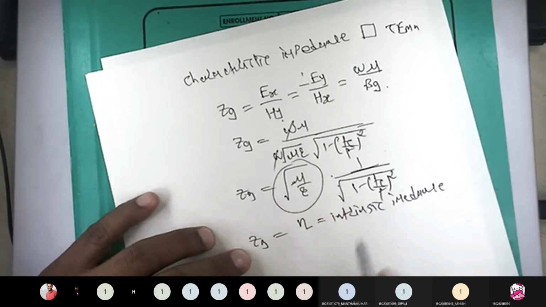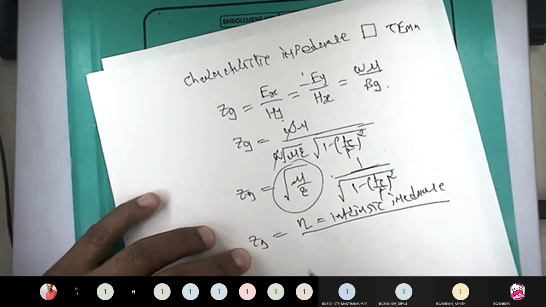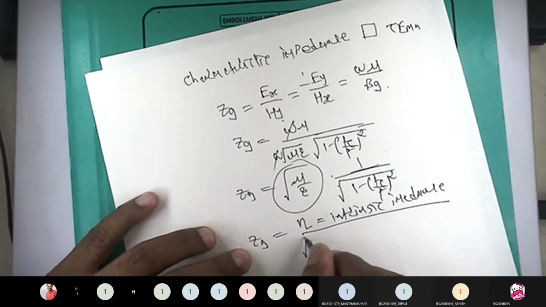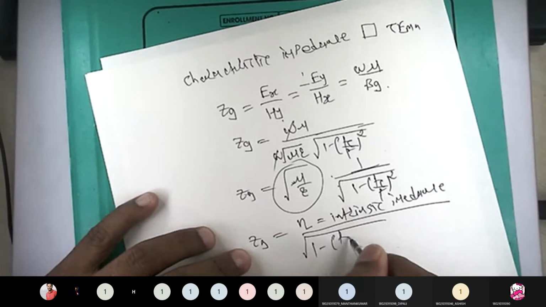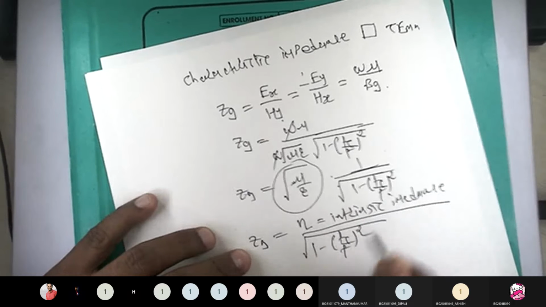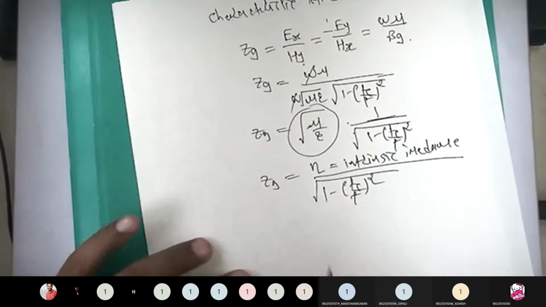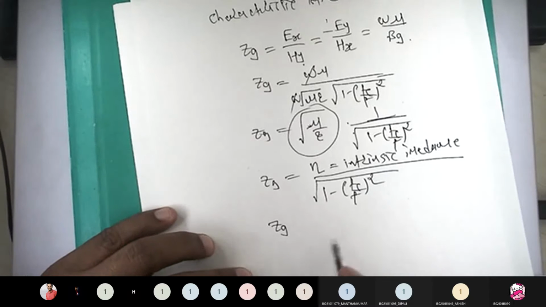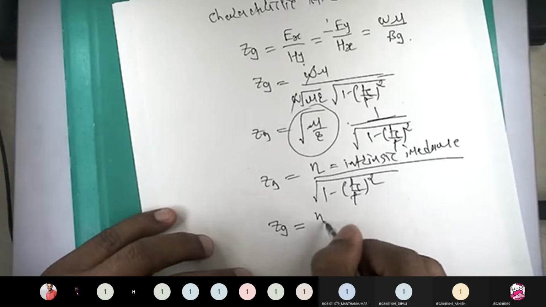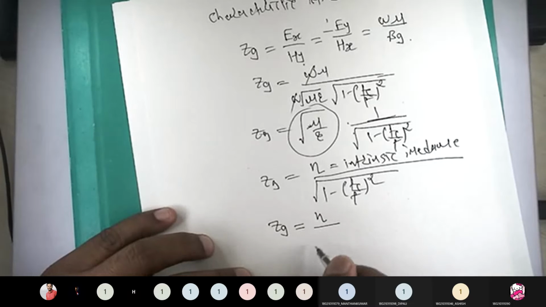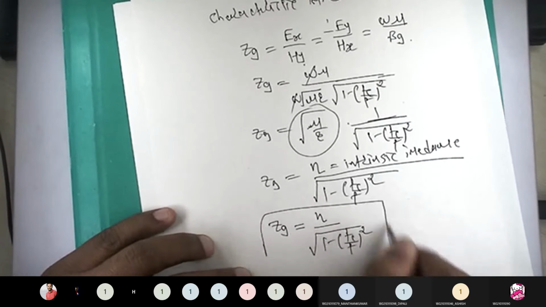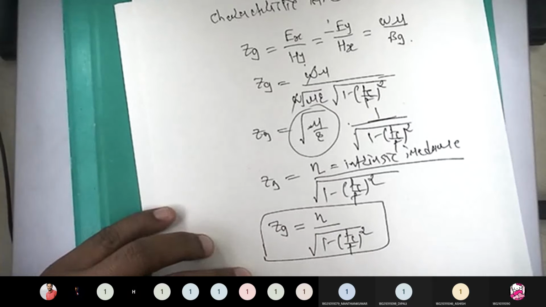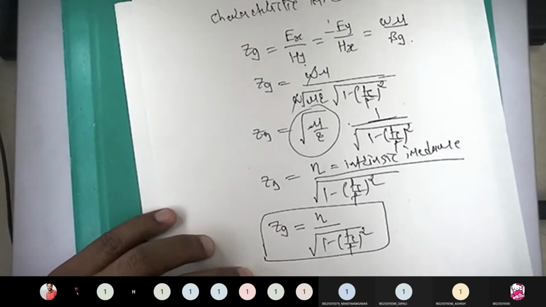And intrinsic impedance is a well-known term when we have seen the uniform plane wave, and in the denominator, square root of 1 minus (fc over f) whole square. So finally, the characteristic impedance is Zg equals eta over square root of 1 minus (fc over f) whole square. So this is your final characteristic impedance.